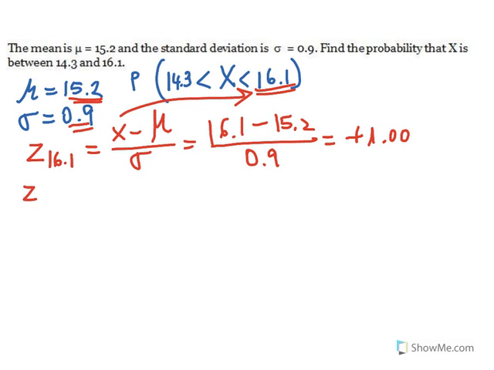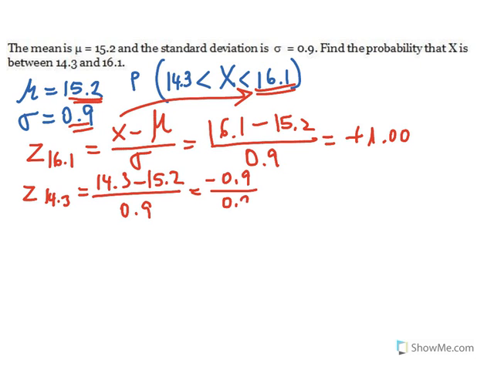What about z of 14.3? That's going to be 14.3 minus 15.2 over 0.9. That's going to be minus 0.9 over 0.9. That's going to be minus 1.00.